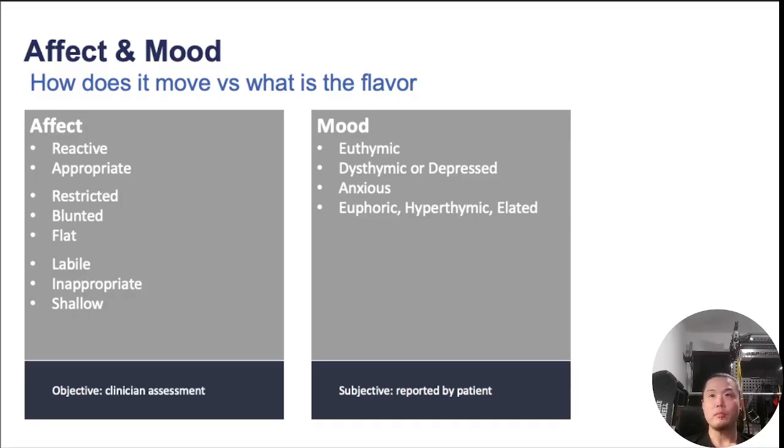Finally, flatness is something that's similar to restriction, but it's reserved for use when we are talking about someone with depression. Now, the opposite of restricted affect would be a labile affect. So this would mean that the affect is changing very rapidly and quite wildly. All right. And comparatively, we can also describe affect to be inappropriate, or we can describe it as shallow. So an inappropriate affect might refer to somebody who says that they are feeling very sad or very depressed, but as they are doing so, they are smiling.